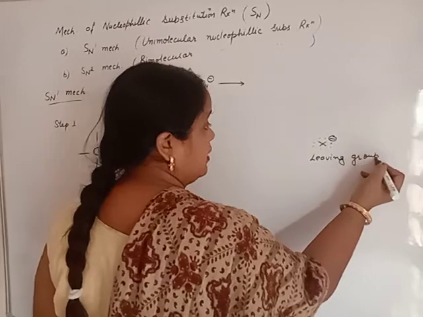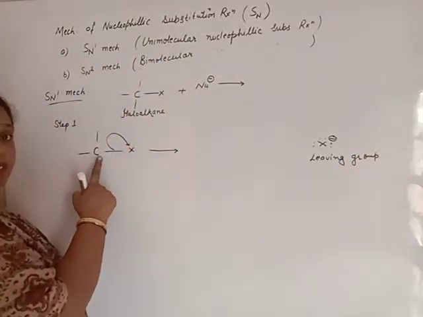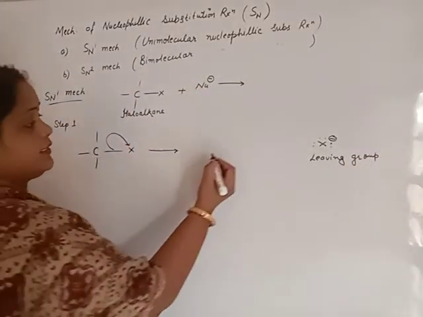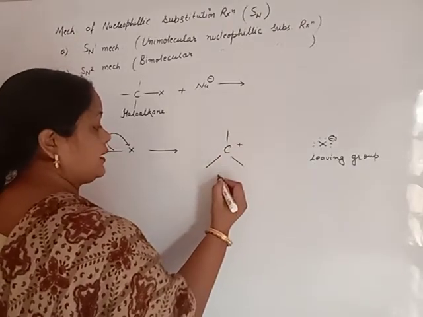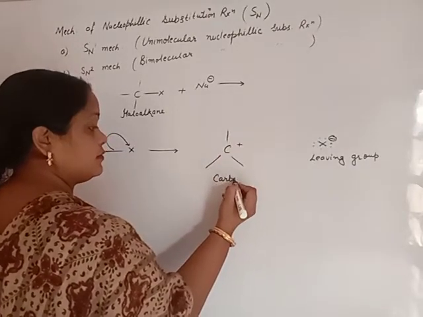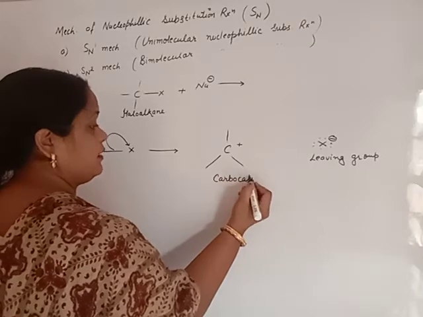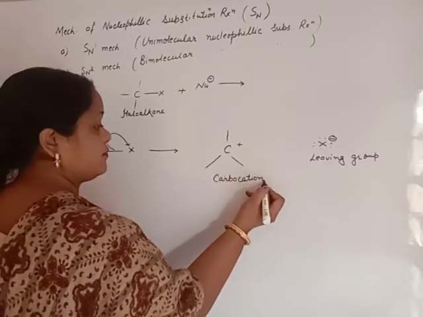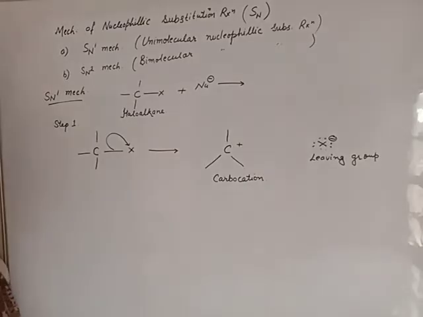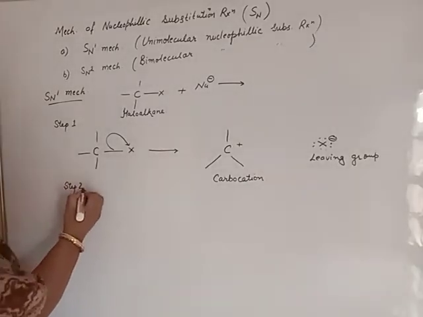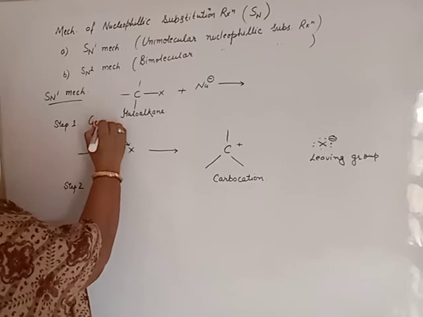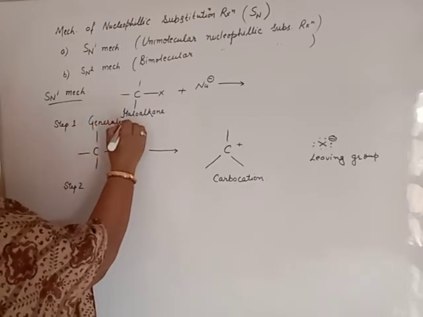And we will get carbocation because carbon loses its electron. We will get carbocation or carbonium ion, that is the same thing. Clear? Step 1 is generation of carbocation.